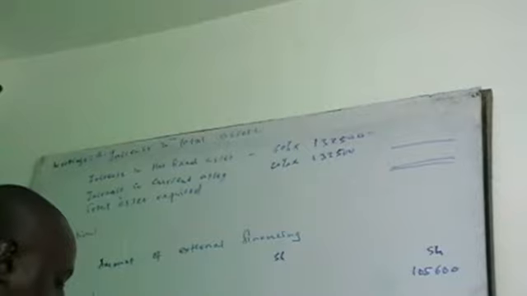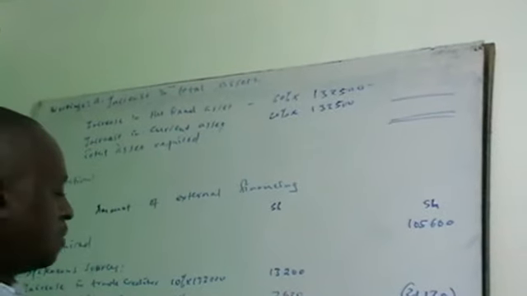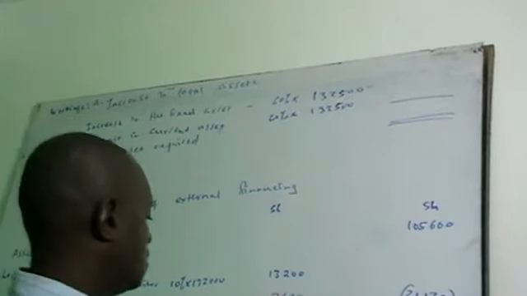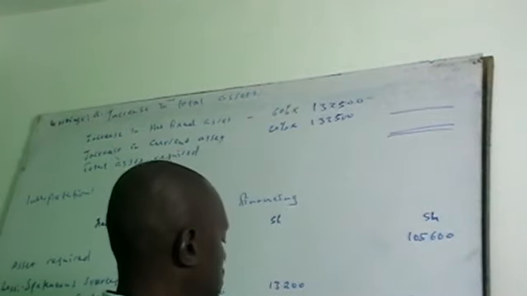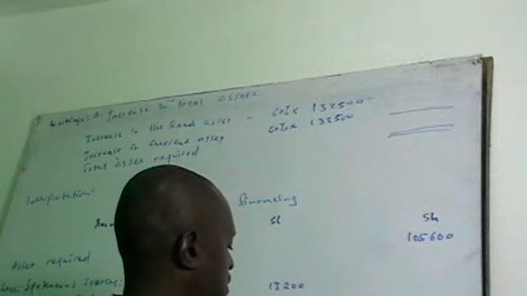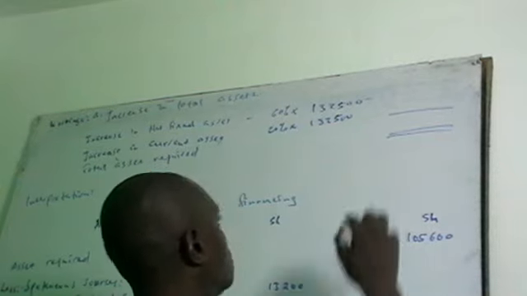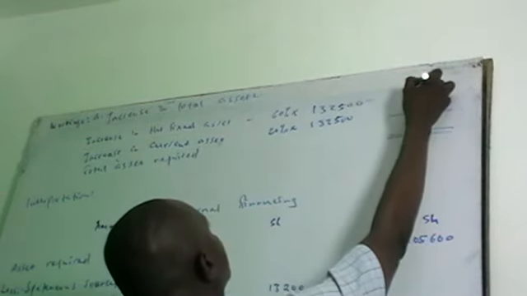So we have by 60%, this is 0.6 times 132,500. So this is 79,500.